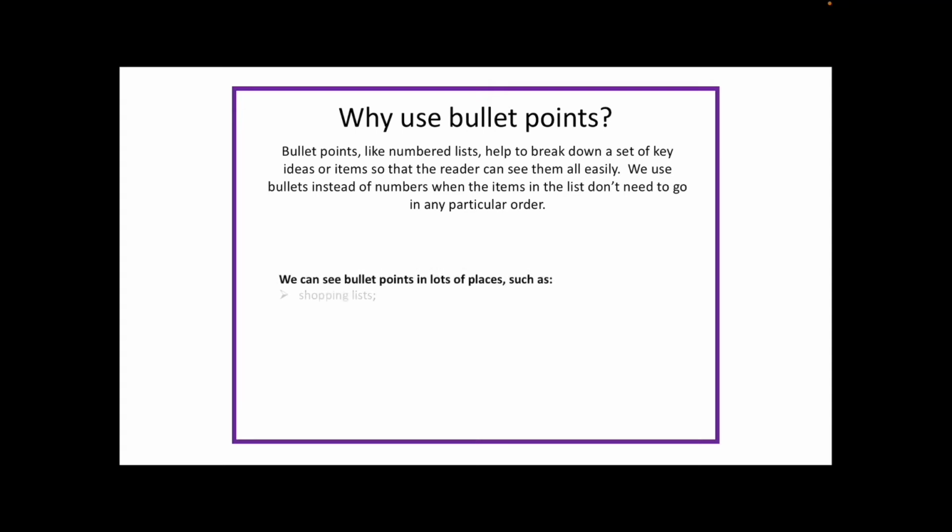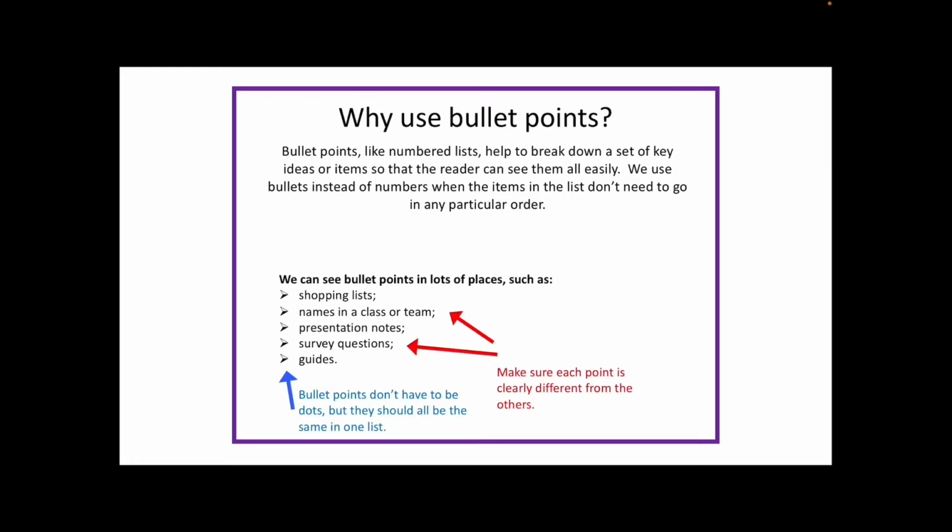So why do we use bullet points? Bullet points, like numbered lists, help us to break down ideas so that it's easy to take the information in, okay? We use just a bullet point or just a marker at the start of each line because they don't have to be in order. It's not a set of instructions.